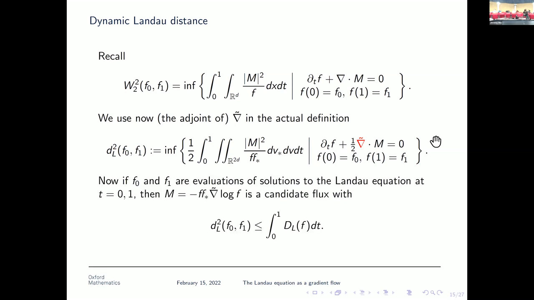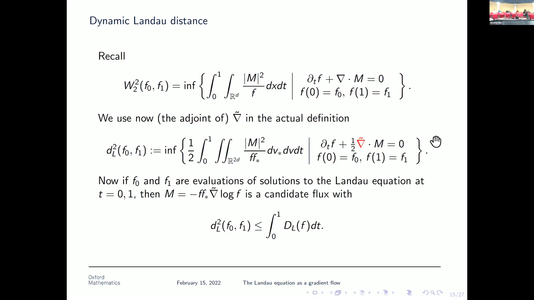Another sanity check is that if you have F1 being the flow of the Landau equation at time 1, subject to F0 being the initial condition, and you're evaluating the Landau metric distance between those 2 points, then a natural candidate for the flux m is minus F F star nabla tilde log F, which recovers the motivating inequality for the construction.